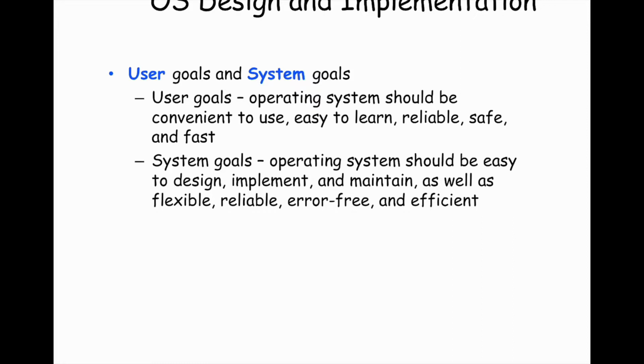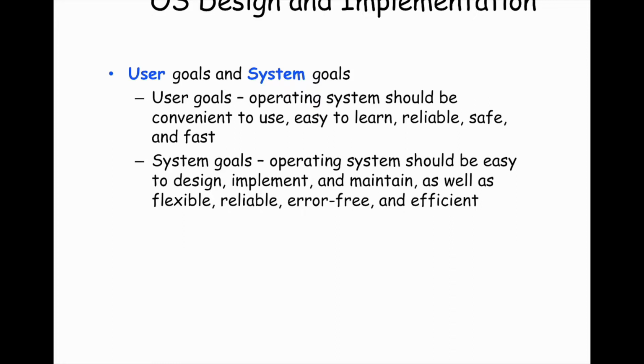Now, the system goals, you want to think about things like maintenance, design, upgrade, and things like that. It should be easy to design, right? It shouldn't be a big pain when you're trying to develop it. Easy to implement, also easy to maintain, and that maintenance part is really, really important. Now, I don't know about you, but for a car, I can't think of any time I ever had to upgrade and install a software patch for my car computer on my automobile.